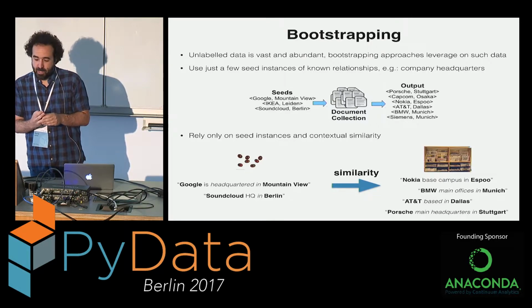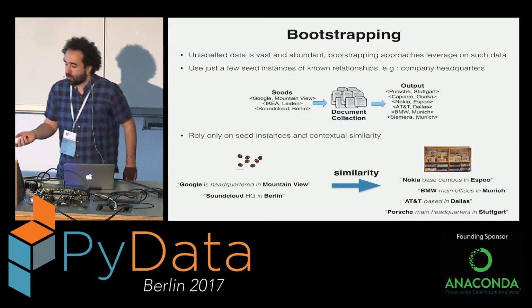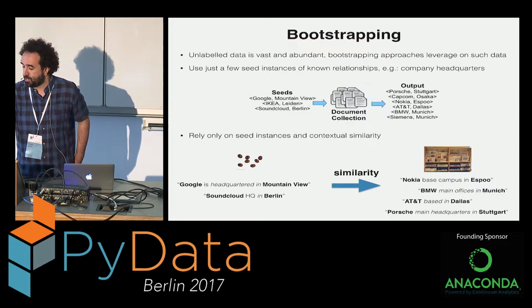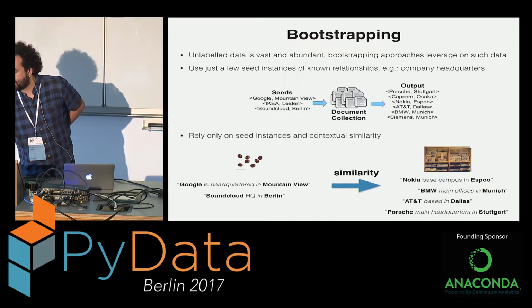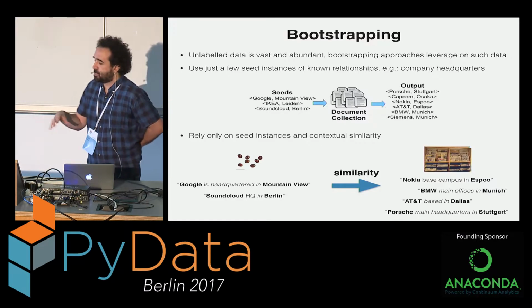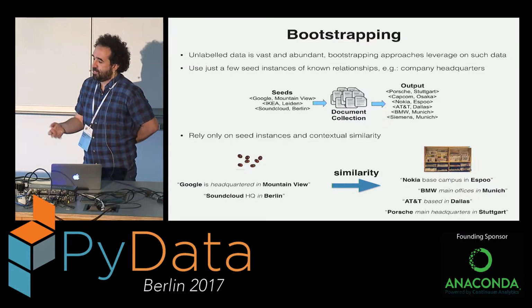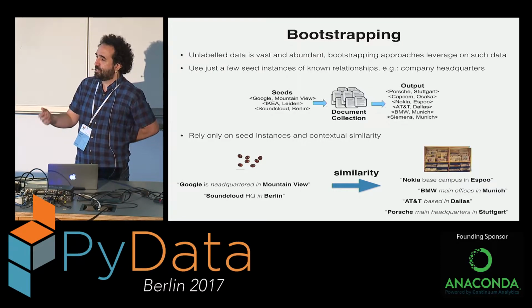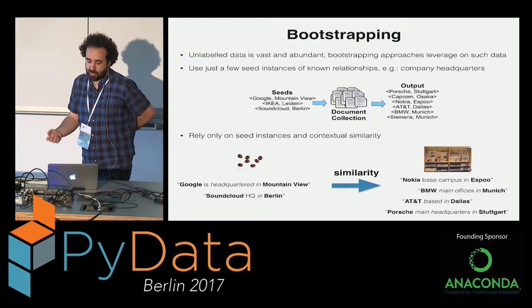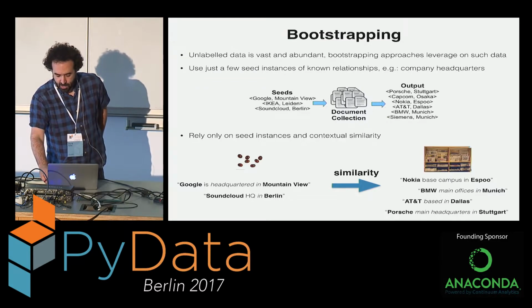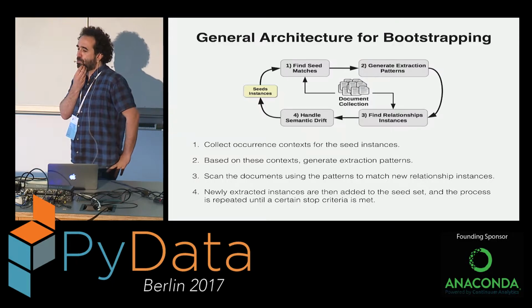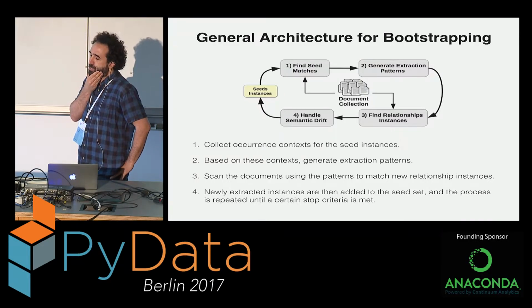So the challenge here is how you can measure the similarity between words like headquarter, HQ, and base campus, main offices, based in, made quarters in. So all those phrases, semantically, are similar, and the idea of bootstrapping is to exploit that similarity to extract more relationships for free.